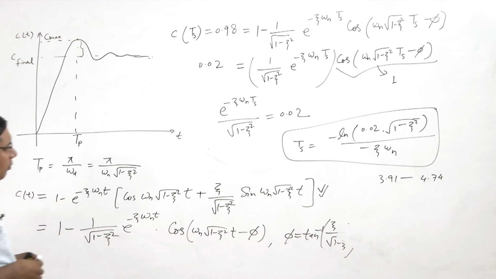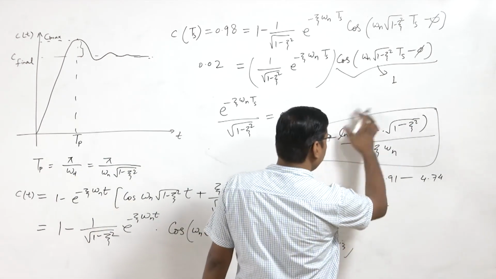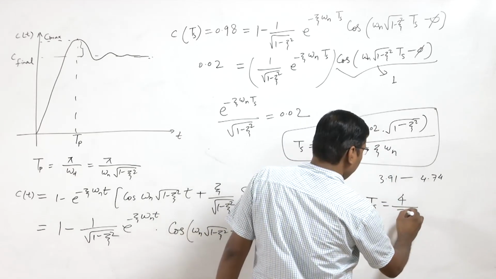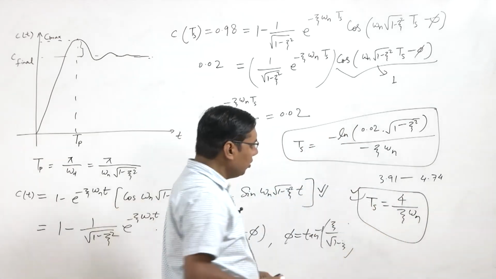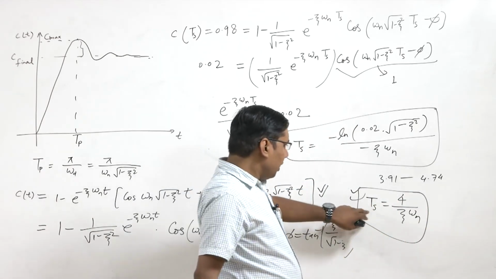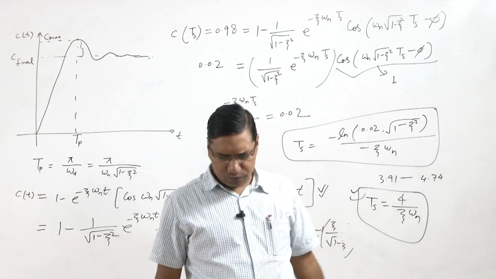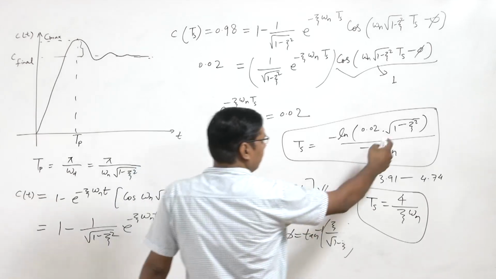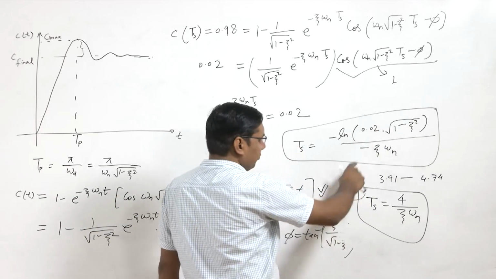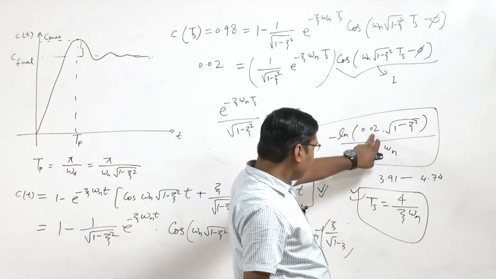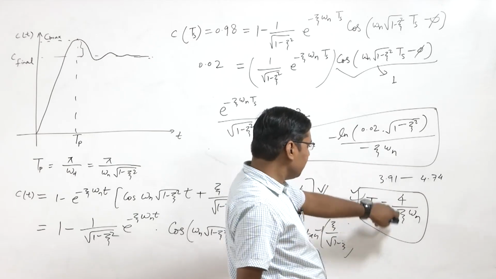and therefore as an approximate value we can take Ts equal to 4 upon zeta omega n. So we take approximate value 4 between these values, because this term is very small, so its effect is less, and so this term we approximate as 4, and the other term is zeta omega n.